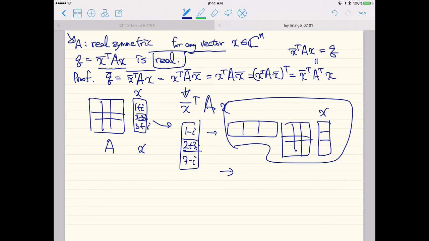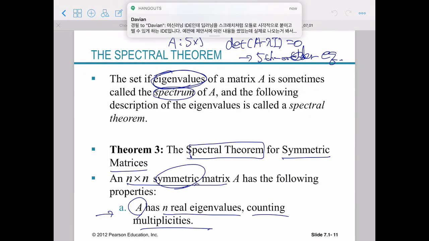Okay, let's prove it. And we will see why it is important in the next page in order to prove this guy.